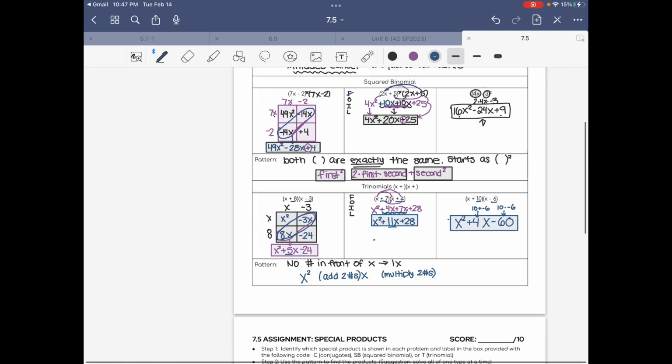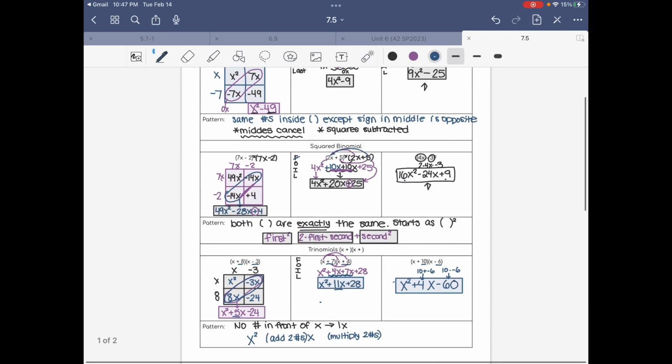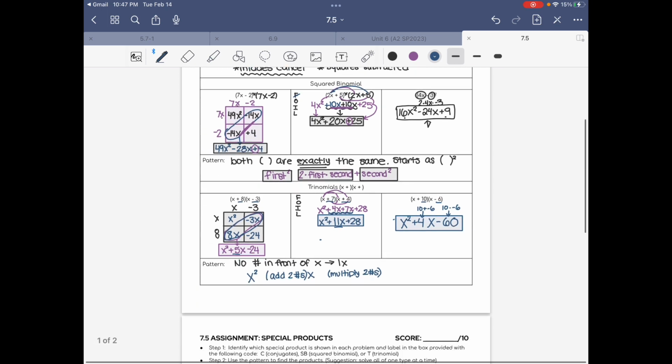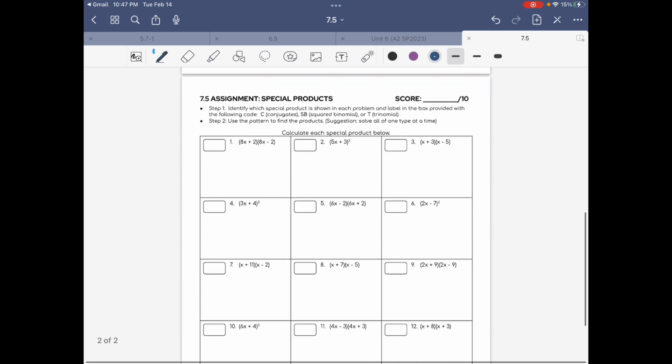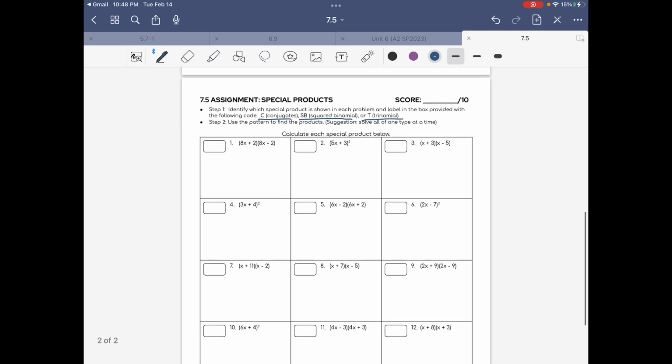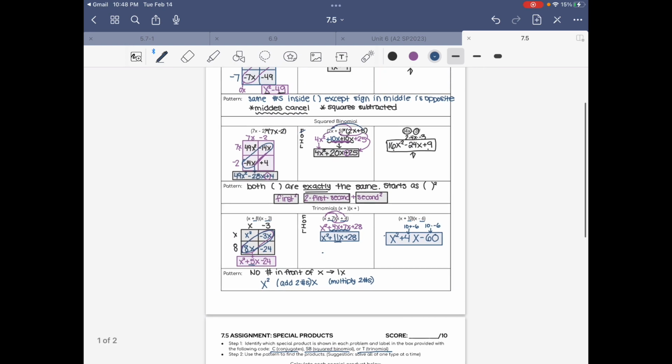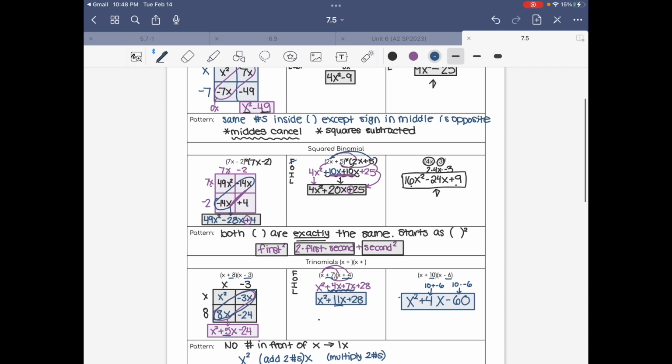So let's kind of recap what we've got going on here, because on your assignment, it's going to ask you to identify which one it is: conjugate, squared binomial, or trinomial. Conjugate is the one that had the same numbers except the sign in the middle is opposite.